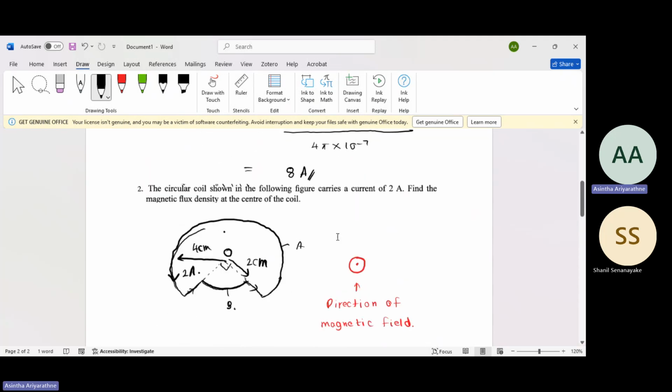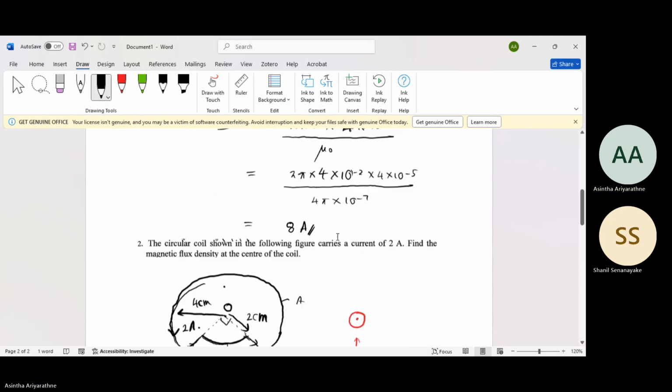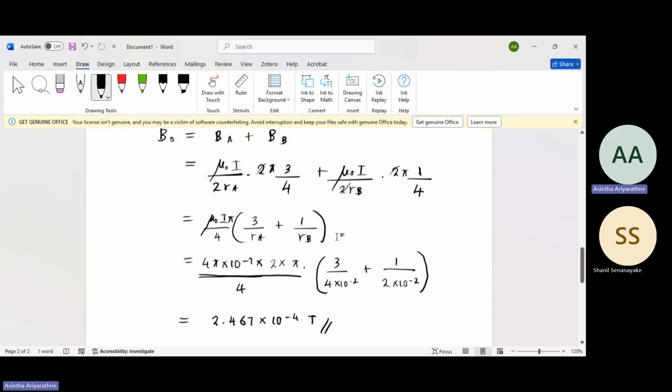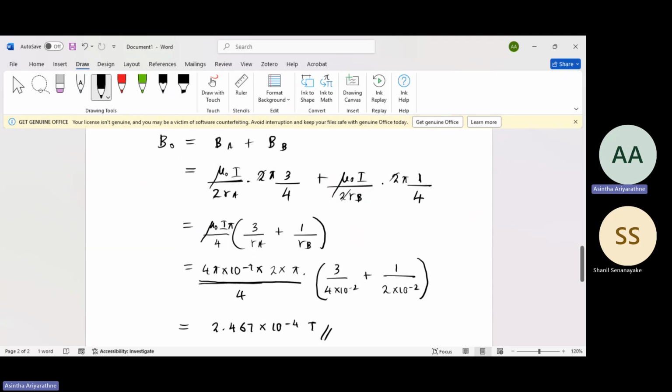Can we simplify this? This is a basic expression, where 2 pi represents the total angle for a full radius. Then for the first arc, segment A, we have to take 3/4 of that.